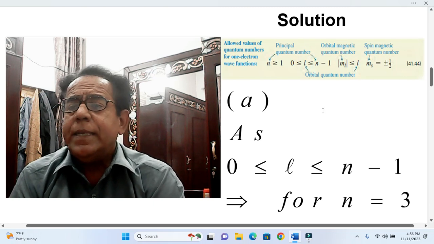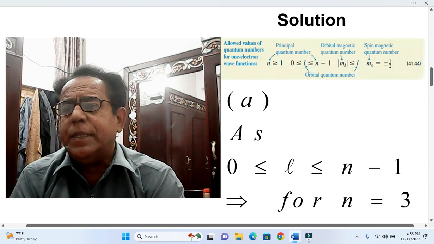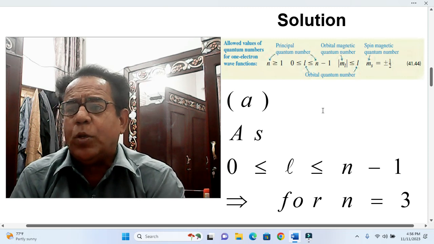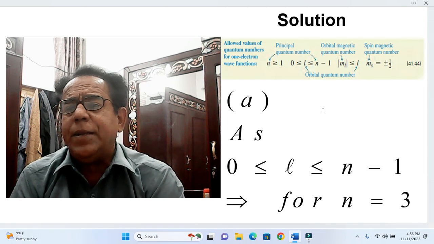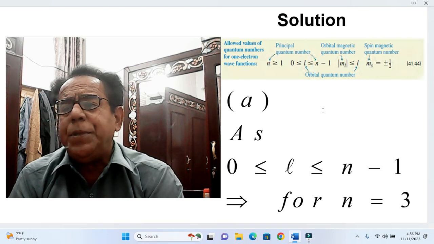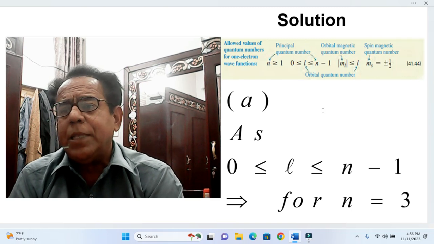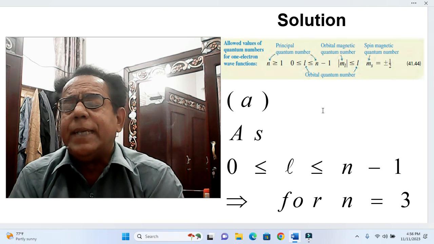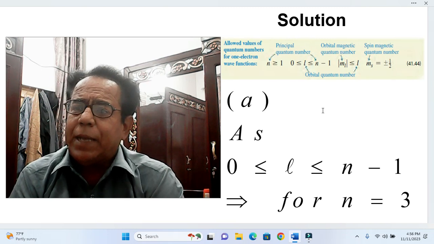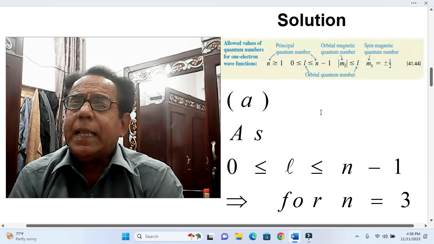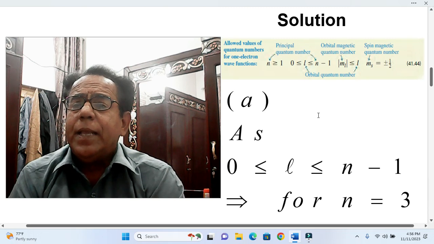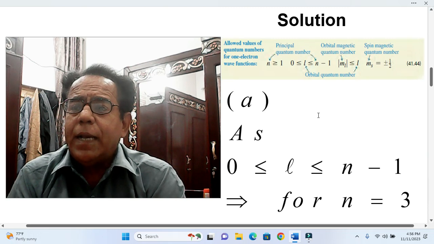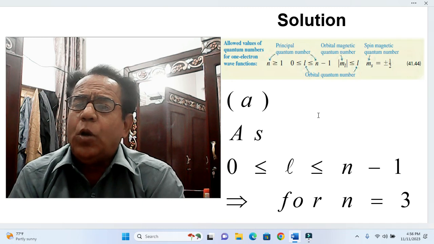These are the bounds. That is to say, at the most it can be equal to n minus 1, otherwise it is always less than n minus 1. Similarly, small l is either equal to 0 or greater than 0.